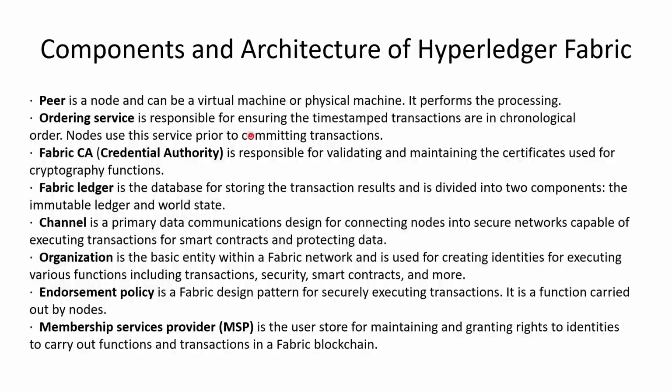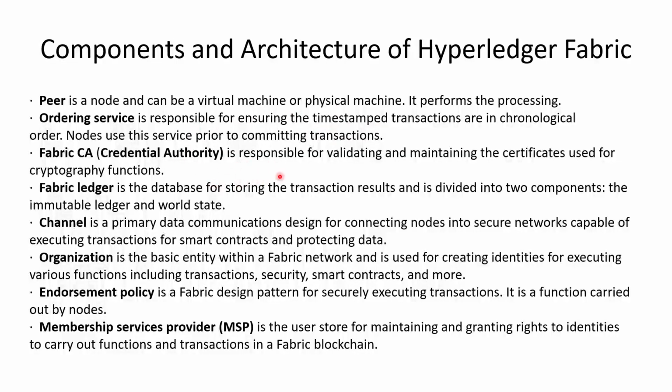Hyperledger does not have all the same nodes, and it does not have a single ledger. A peer is a node, and it can be a virtual or physical machine. Then there's an ordering service, which is also a node, and it is responsible for time-stamping transactions.